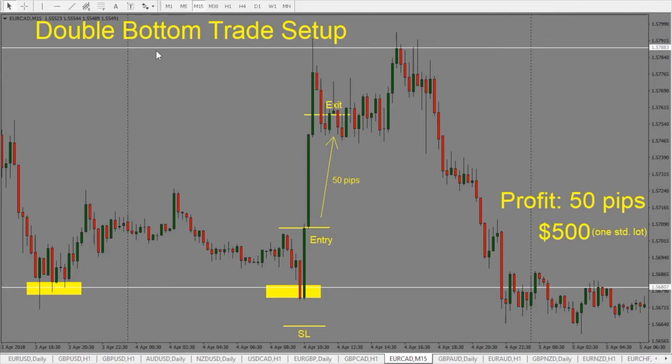Once we see that the price comes into the next resistance level and bounces off of that, starts to go sideways here, this is a good point to exit the trade after this pin bar because chances are it could reverse. So we exit the trade here. From entry to exit, we get 50 pips in our trade. So our profit is 50 pips or $500 if trading one standard lot.